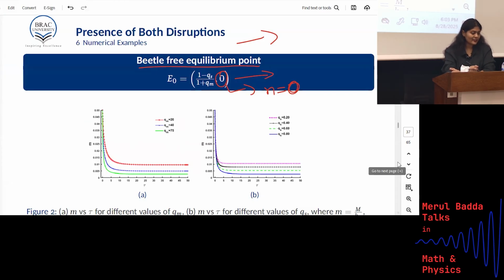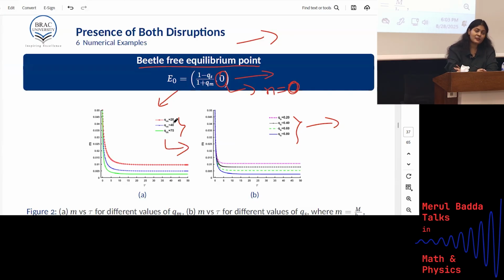So in these conditions, there is no beetle in our model. For this equilibrium point, if we increase the value of QM, which represents the death rate of the trees for fire, and the value of KS, which represents the death rate of the trees for harvesting, we can say the value of M decreases slowly.